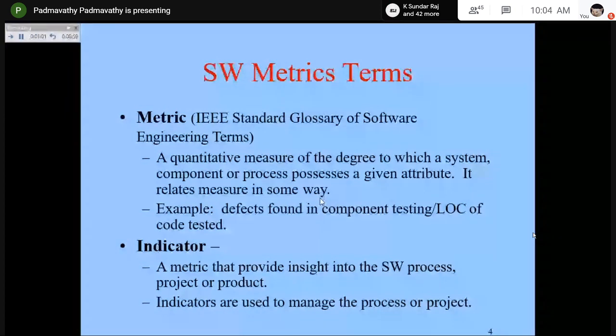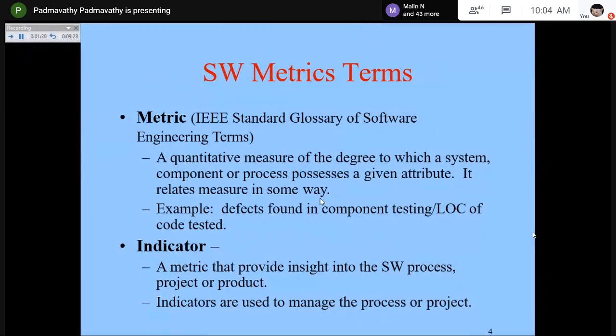How will you assess? The person with just 100 lines of code is having 3 defects, whereas the person who has written 200 lines of code has got only 2 errors. So the person with more lines of code with lesser defects will be given incentive, right? So this is metric. So it is relative measurement, okay, that is metric.